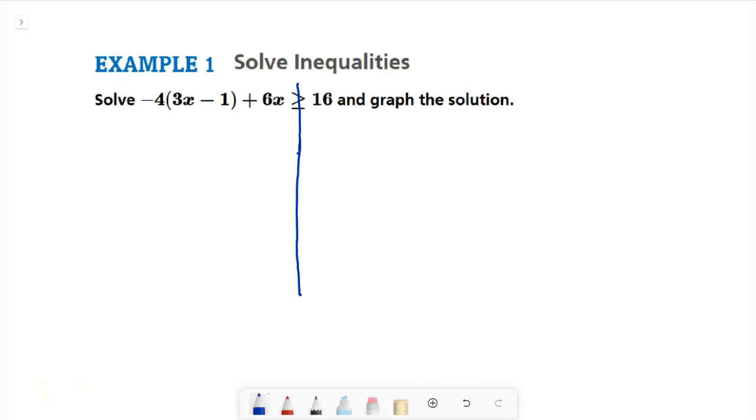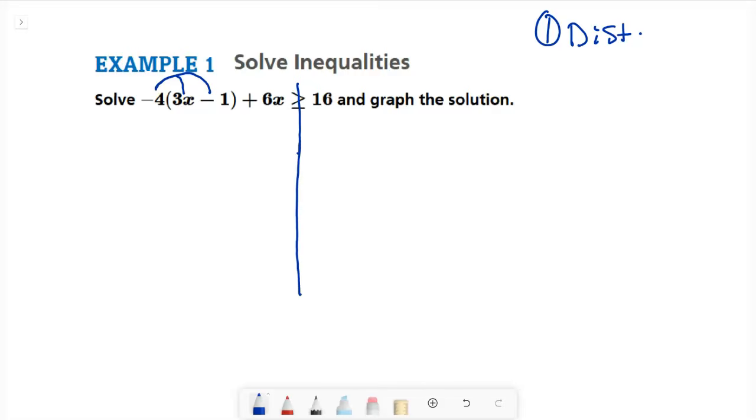Okay, we drew our line. It's just like an equal sign. And we're going to do all of our steps. So step number 1, distribute. So make sure that you write that down. We're going to distribute the -4 times the 3x and the -4 times the -1.